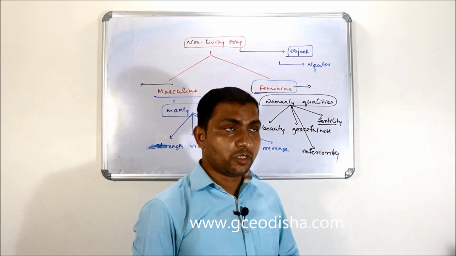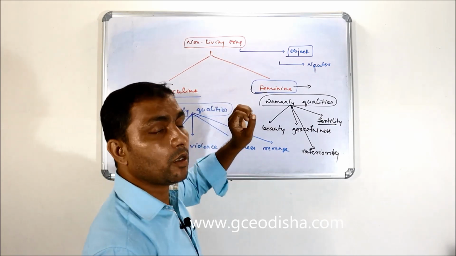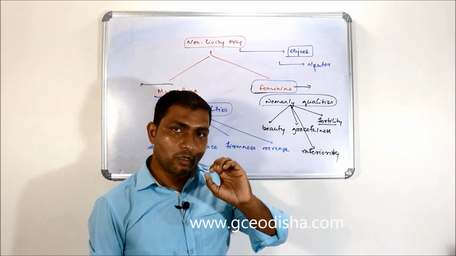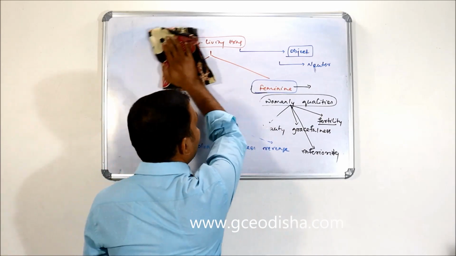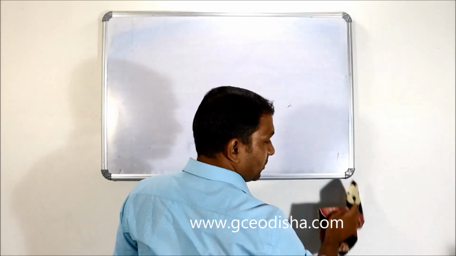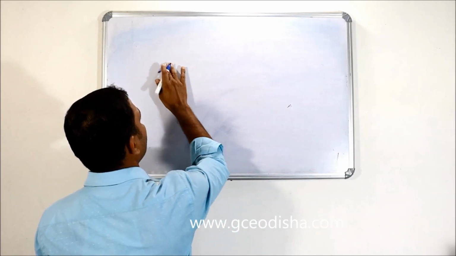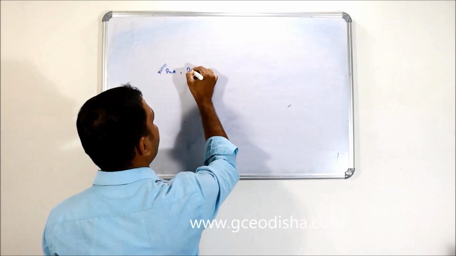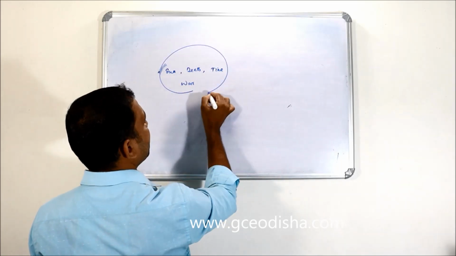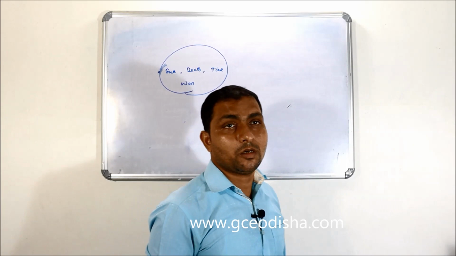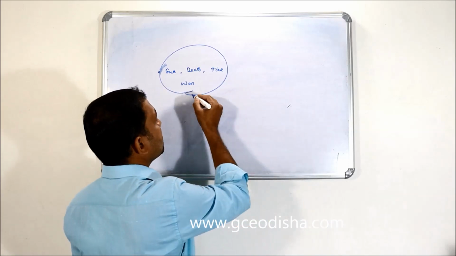Understood? So this concept is called personification, when non-living things are used or treated as persons. Take some examples to understand the concept well. Suppose the sun, death, time, war. Generally we treat all these as masculine gender.